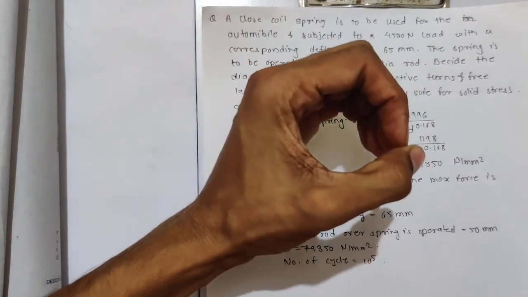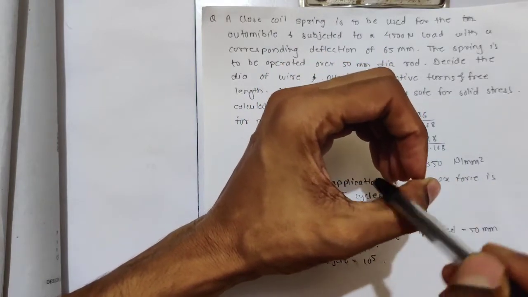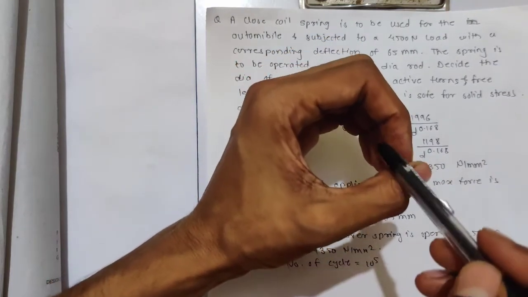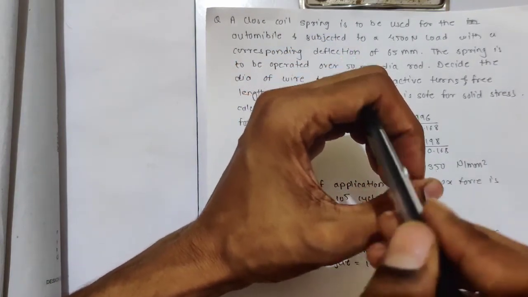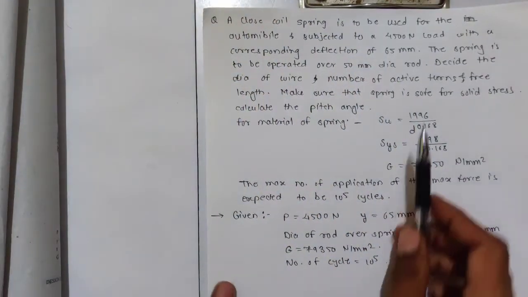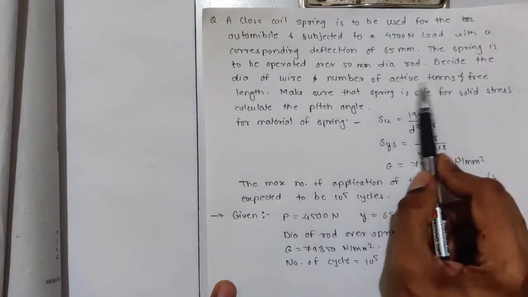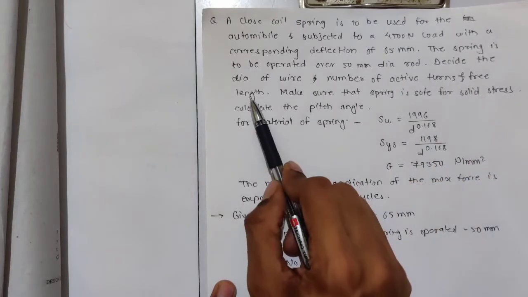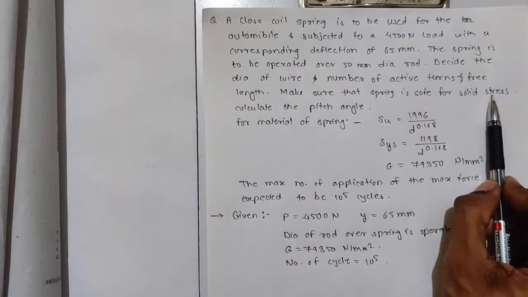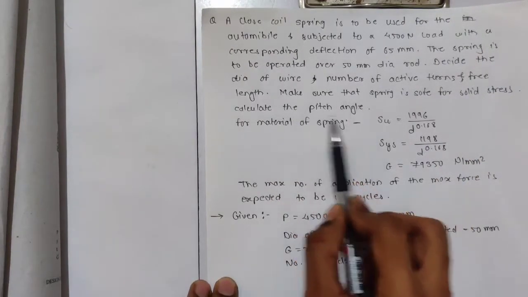This is a spring, a coil-like spring. So its inside diameter should operate on a 50 mm rod. So that 50 mm rod should be less than this inside diameter. So the inside diameter of the spring should be more than 50 mm. Alright. Decide the diameter of the wire, small d. Number of active turns N. Free length LF. Make sure that the spring is safe for solid stress. Find solid stress. What is solid stress? That we will see. Calculate the pitch angle. That also we will see.